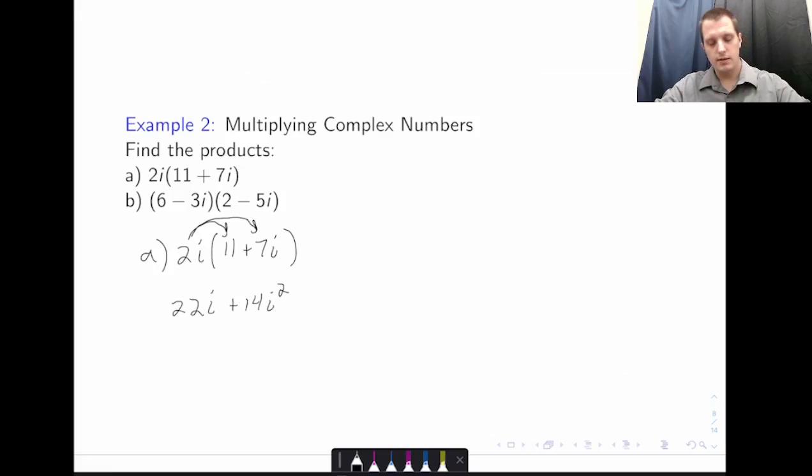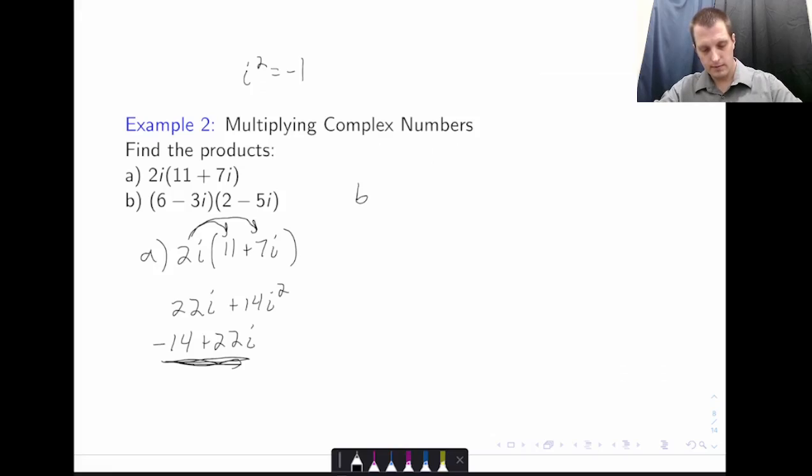But if you recall, i squared is equal to negative 1, so this then becomes negative 14 plus 22i. And this is the correct way to write it. This is our standard form. We always put the i's last.